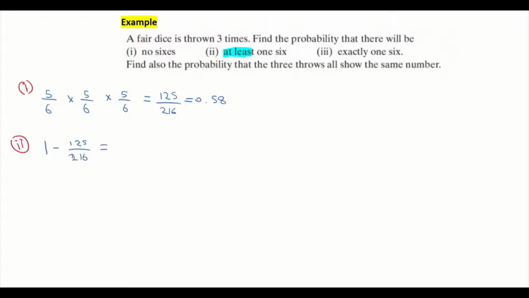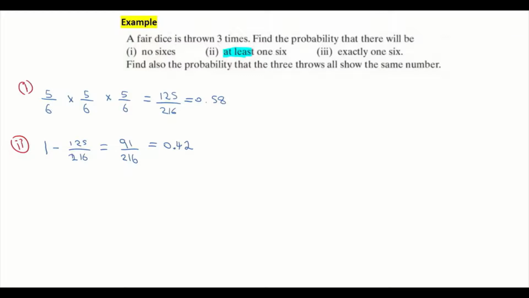And when I subtract 125 over 216 from 1, I get 91 over 216. And as a decimal, it's 0.42. So about 42% of the time, I will get at least 1 6. Okay, so keyword there, at least, means 1 minus no 6s.